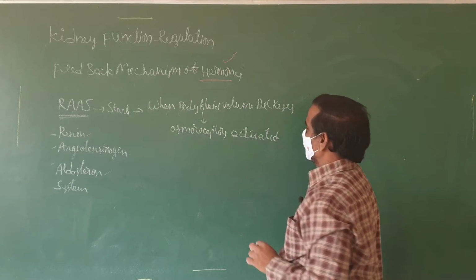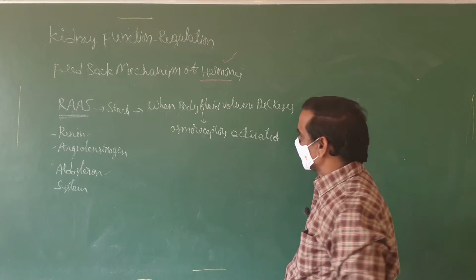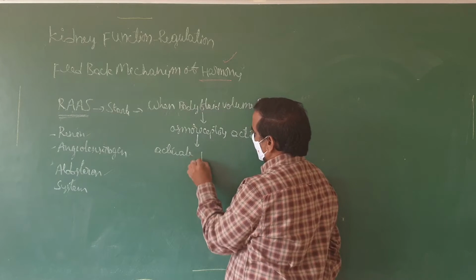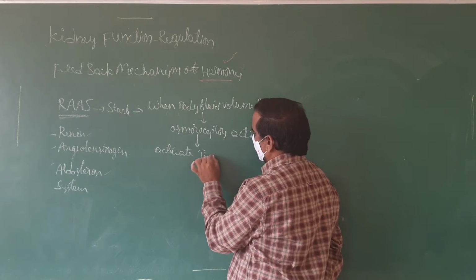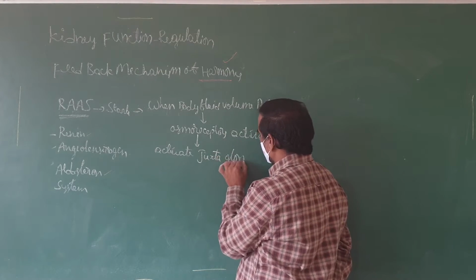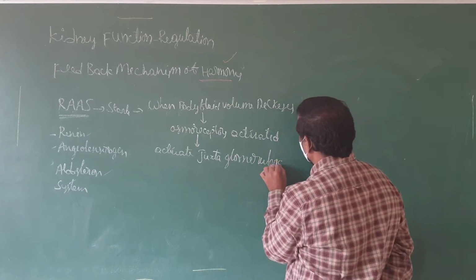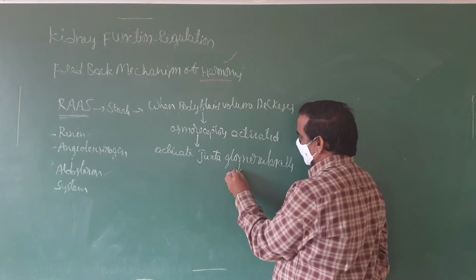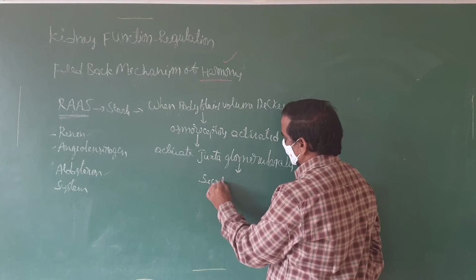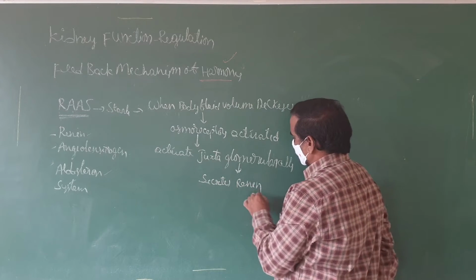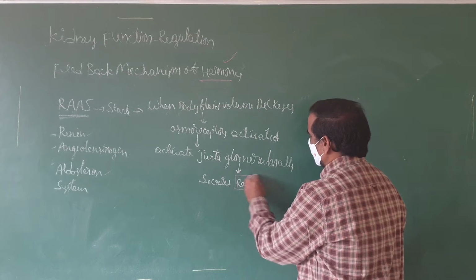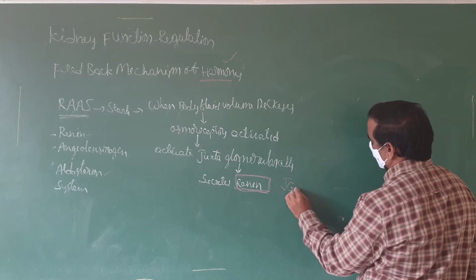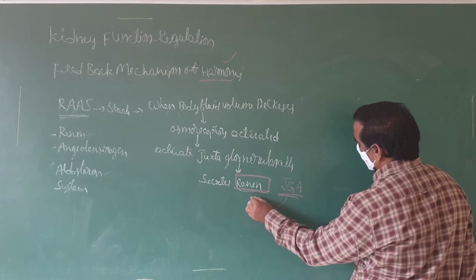Immediately, which receptors are activated? Osmoreceptors get activated. These osmoreceptors activate juxtaglomerular cells. These juxtaglomerular cells secrete renin. The juxtaglomerular cell secretes renin. Here you have to remember JGA, the juxtaglomerular apparatus.